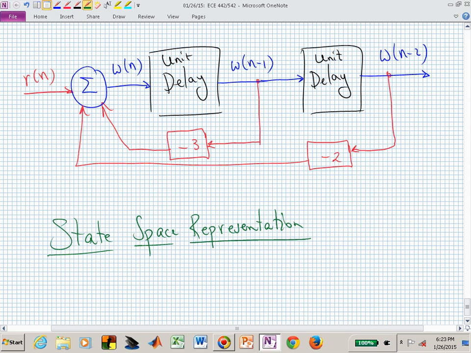Do you remember the strategy for that? If you'd taken an earlier class that dealt with block diagrams, do you remember how we built up state space representations? If these were now integrator blocks and not delay blocks, how did we build or generate a state space representation?